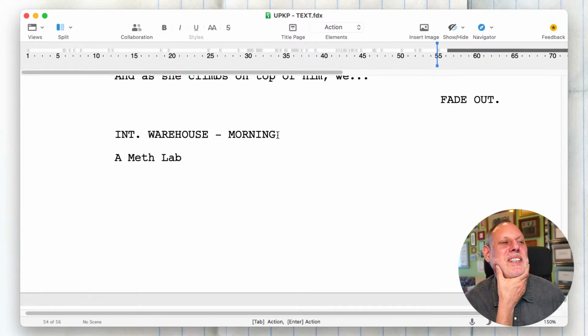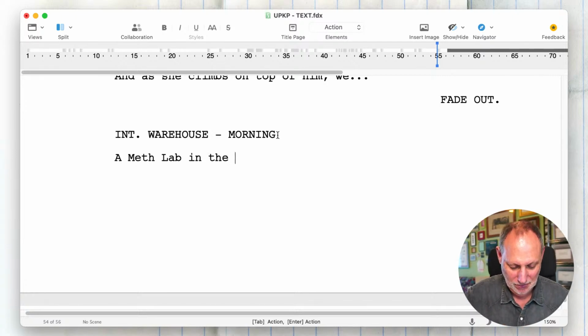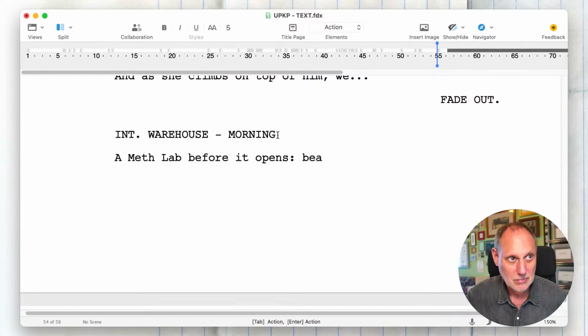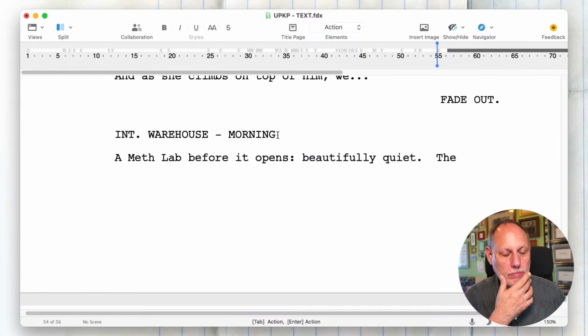Meth lab before it opens. Beautifully quiet.